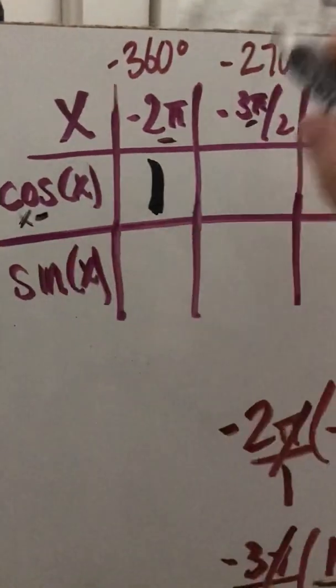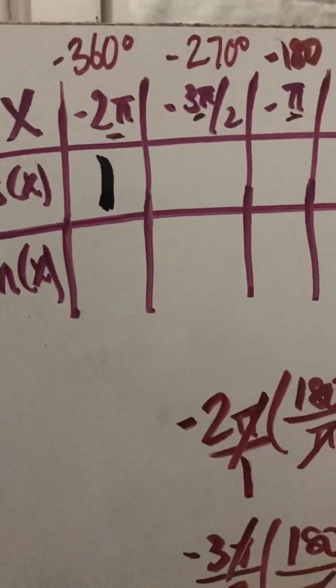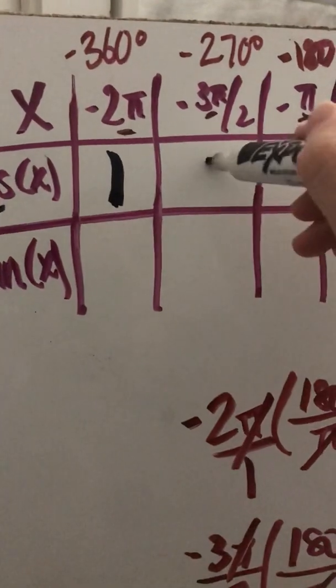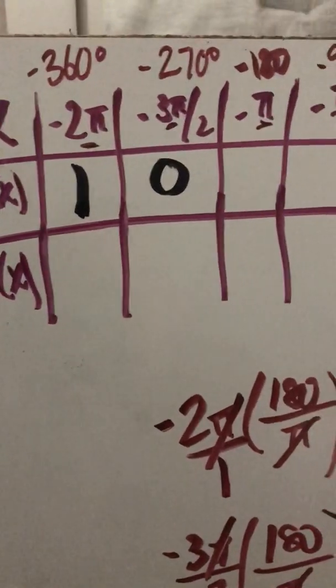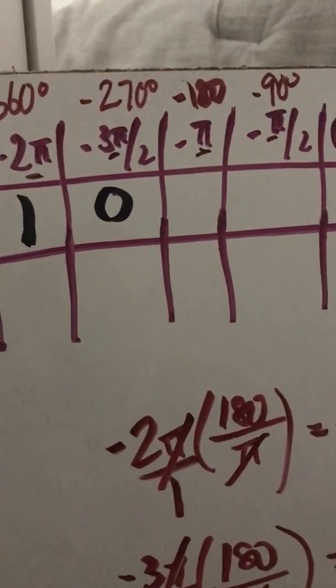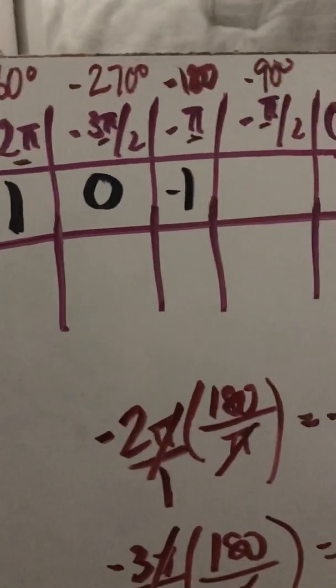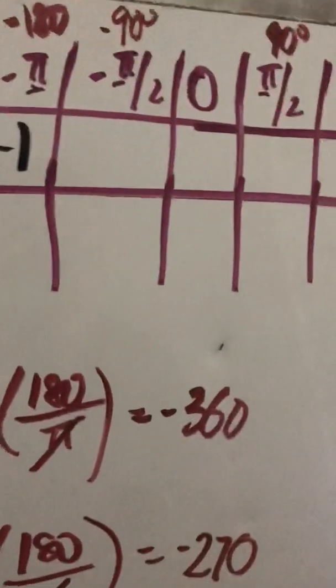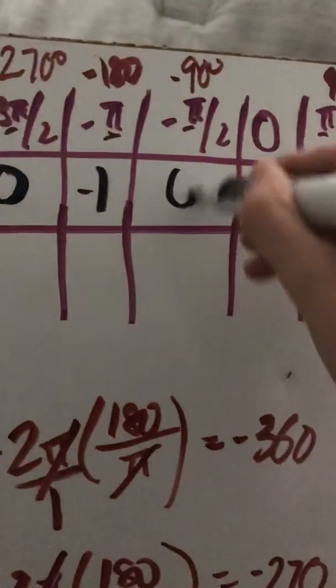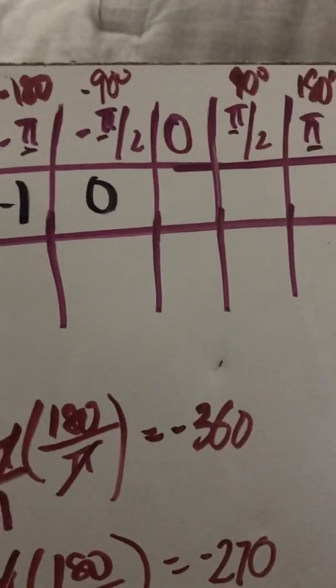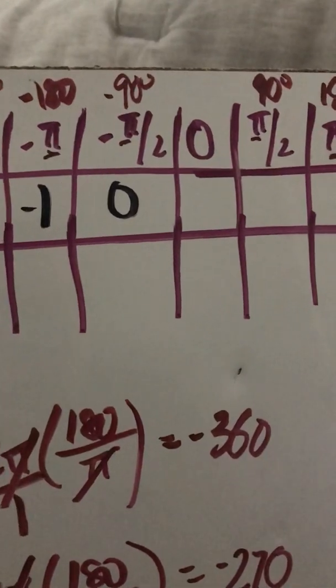Okay, my x value at negative 270 degrees, that's going to give me 0. At negative 180 degrees, that's going to give me negative 1. At negative 90 degrees, that's going to give me 0. Okay, so that's my table of values here.